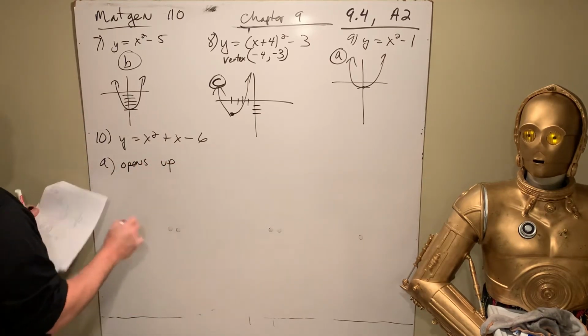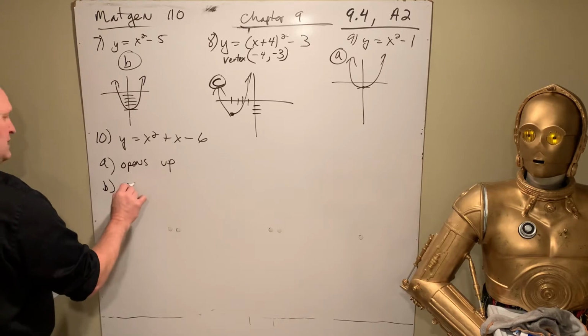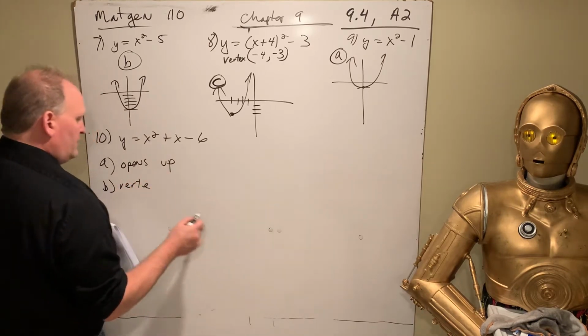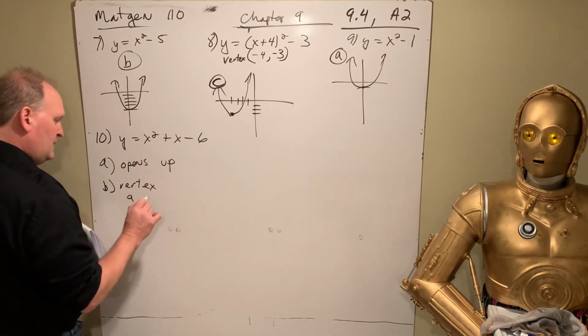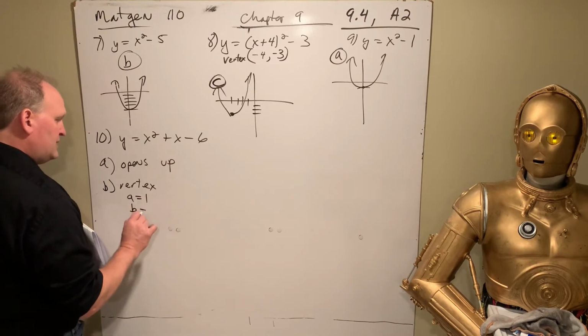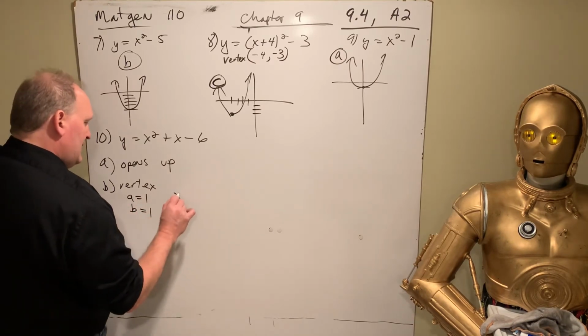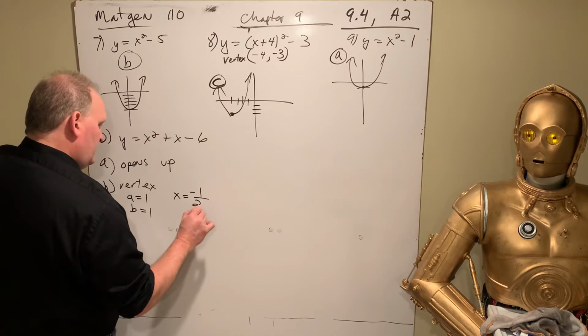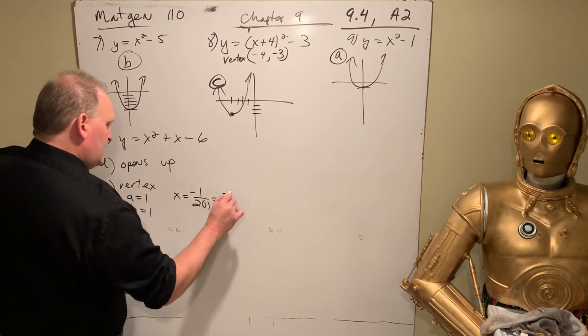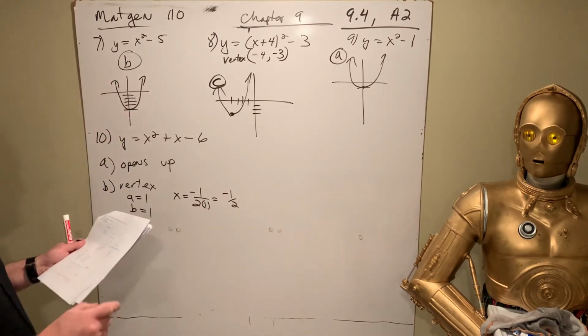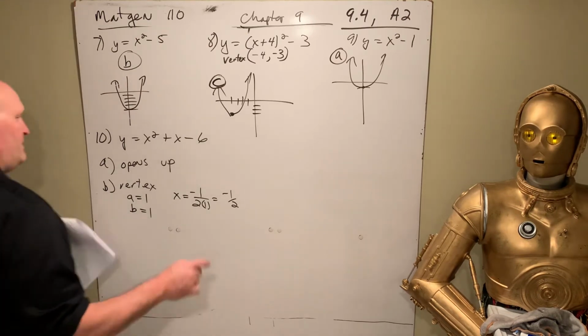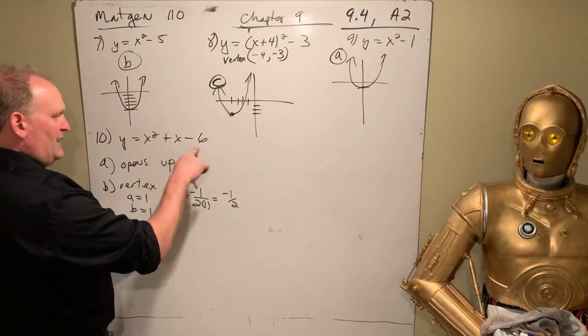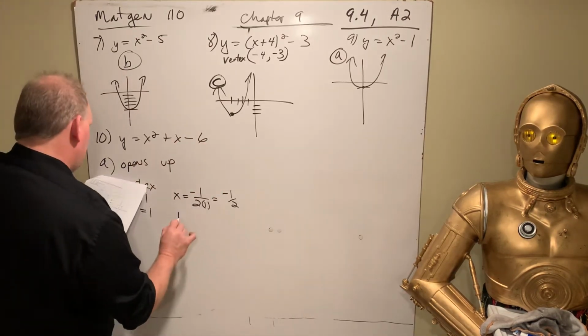Next, it says find the vertex. So we'll do the opposite of b over 2a. So we got a is equal to 1, b is equal to 1. The opposite of b over 2a is -1/2. I pop -1/2 back in, -0.5, 0.5, and then -6.